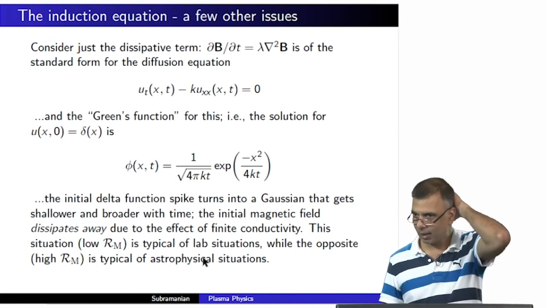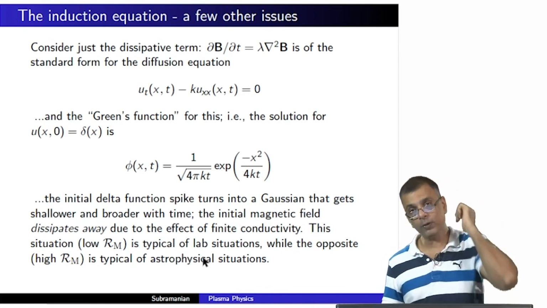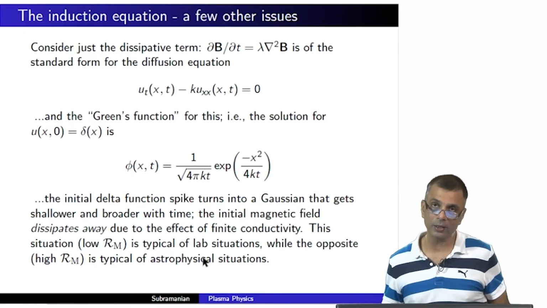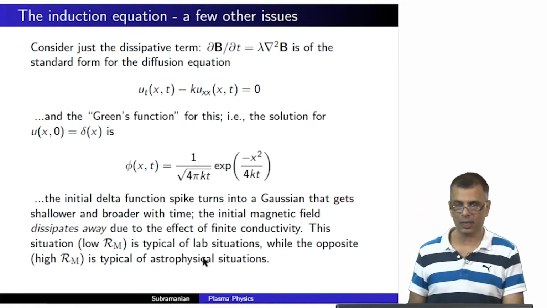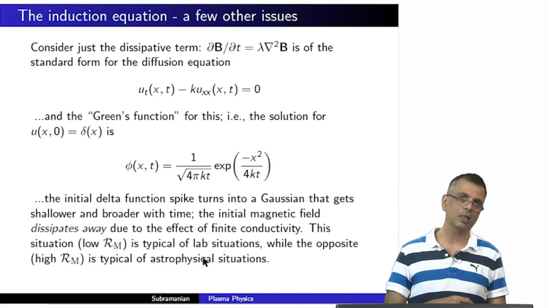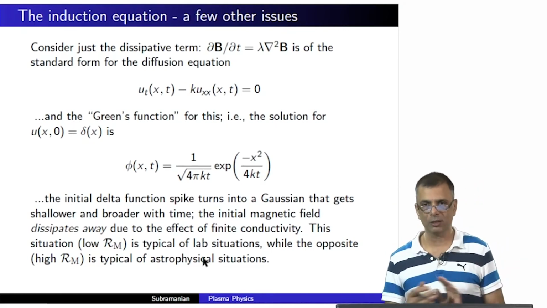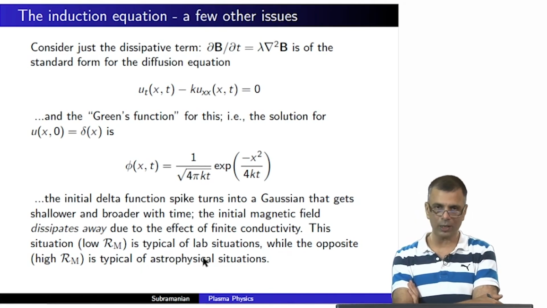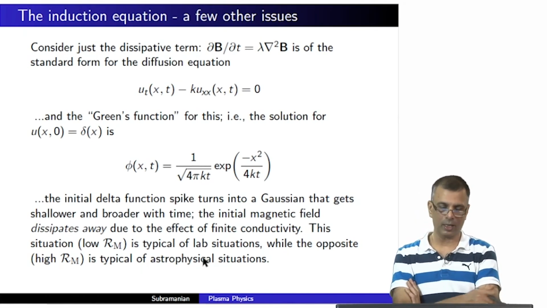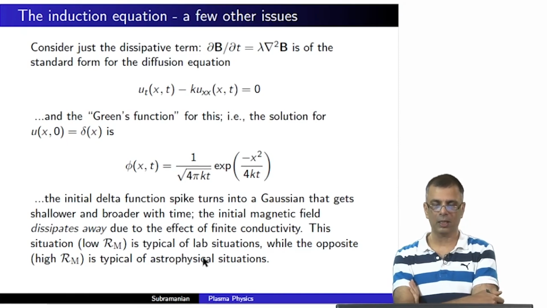And if you remember the several examples that we discussed regarding fluids in astrophysics, accretion, even shock propagation, supernovae, and so on, in astrophysics we were also mostly considering high fluid Reynolds numbers. And as we are saying here, the magnetic Reynolds numbers are also very, very high in astrophysical situations.